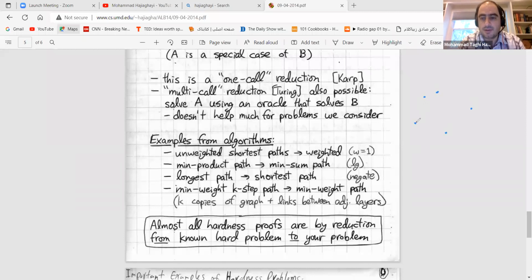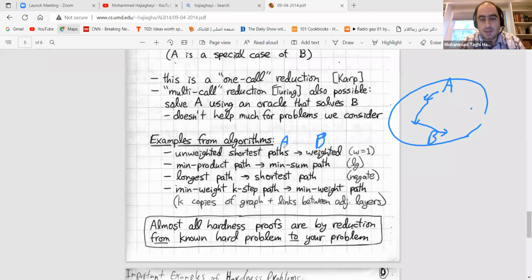So this is a graph that we have, and this is the shortest path from A to B. You want to say, in this graph, what is the shortest path from A to B? So here there is a reduction: this is the problem A, this is the problem B.